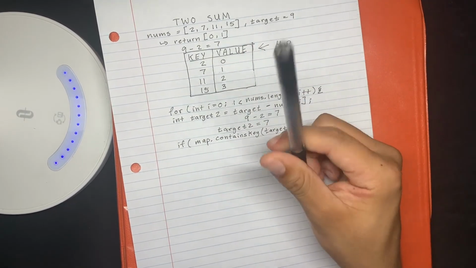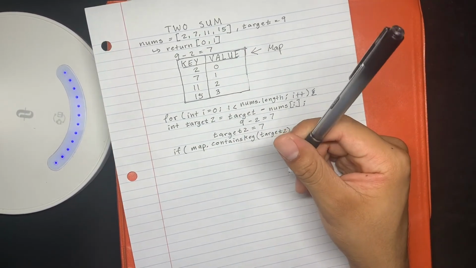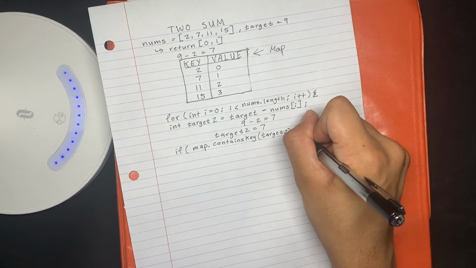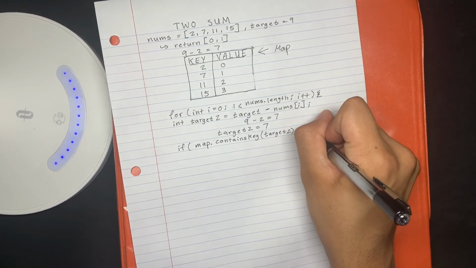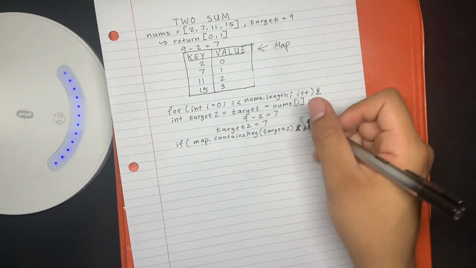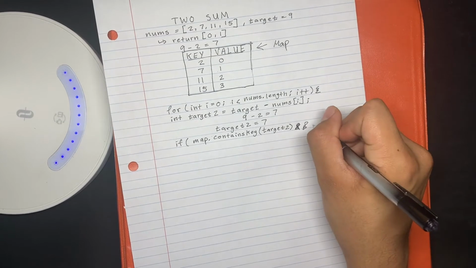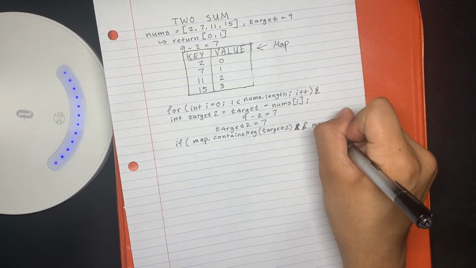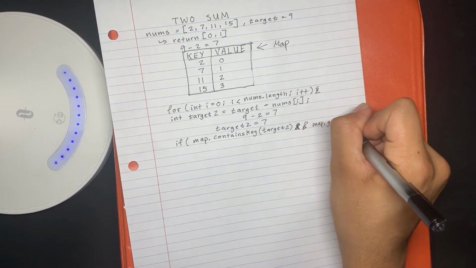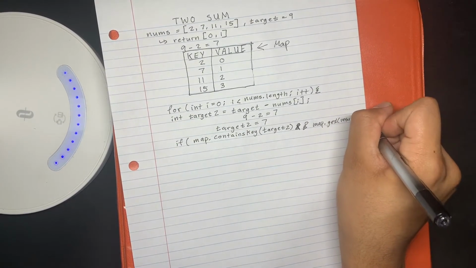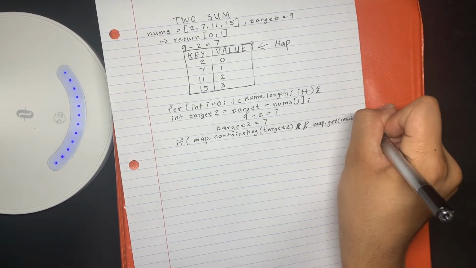But we also have to do another check, and sorry, it's bad, but these are supposed to be ands. Another thing we have to check is if map.get(result) does not equal i.